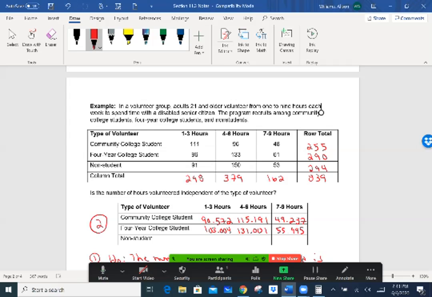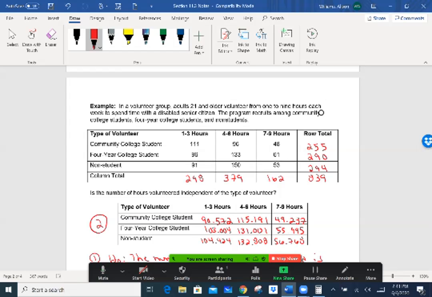Big difference. Okay, for non-student, this is 104.424, 132.808 and 56.768. Okay, so there are my expected values for each category or each item of these categories.